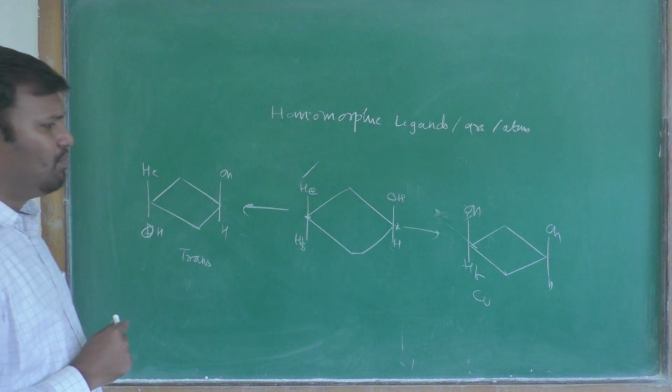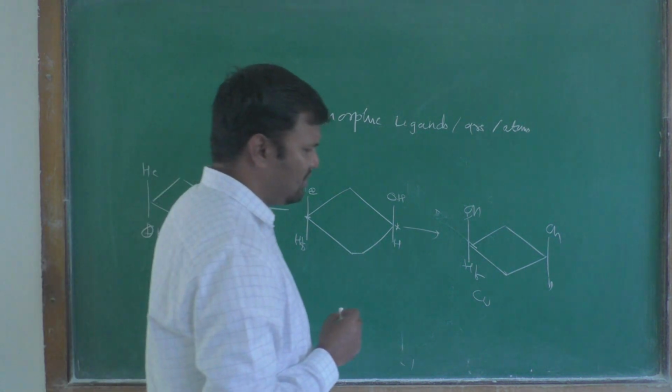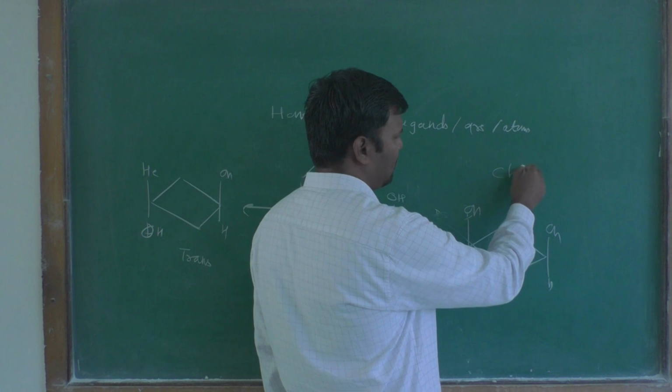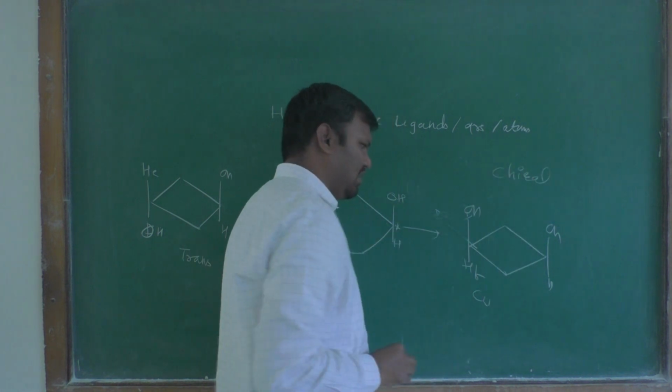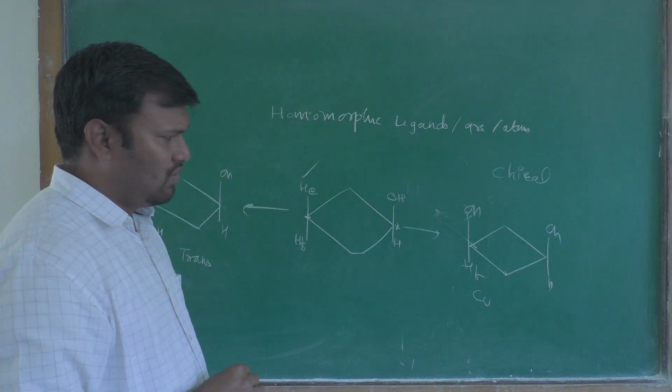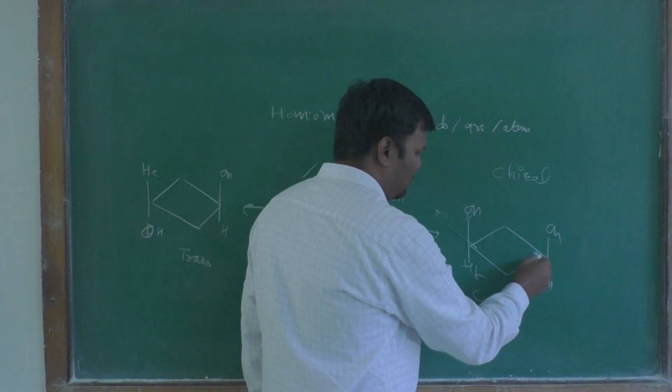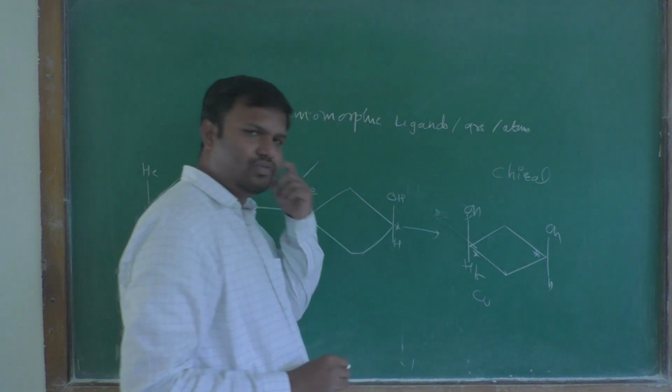Okay, but this molecule is not a chiral molecule. But that compound has chiral centers. Okay, these two chiral centers are produced, correct?